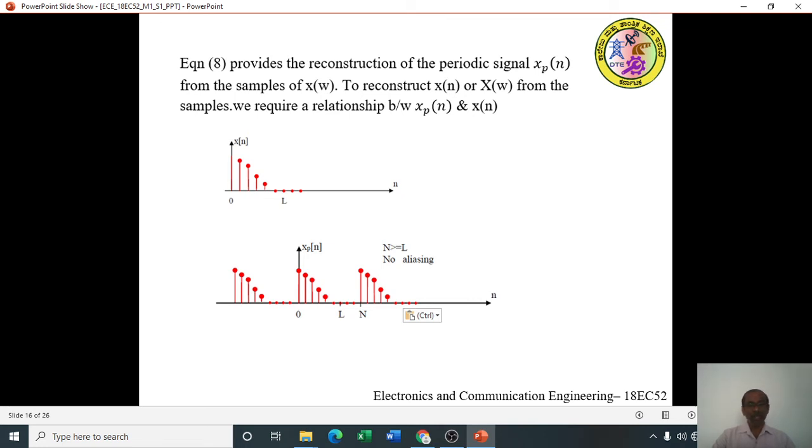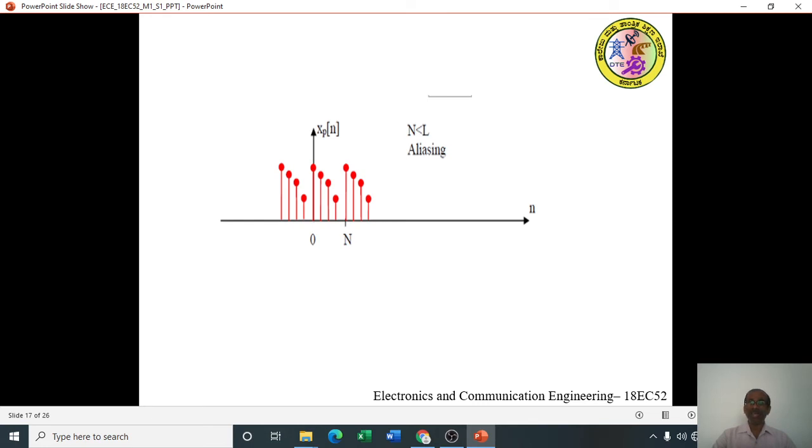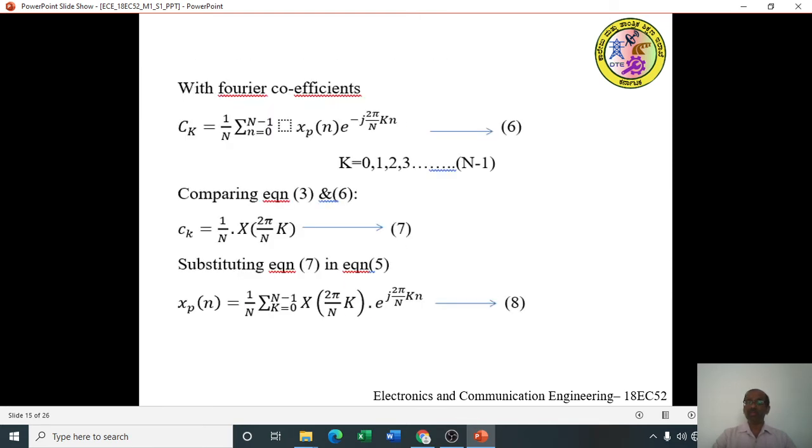When I am doing this sampling, I want to choose my n number of samples in such a way that it should be greater than L. If I choose n greater than or equal to L, I will not get any aliasing. So reconstruction is possible. Whereas if I choose n less than L, reconstruction is not possible. Aliasing occurs. So always you must choose the value of n in such a way that it should be greater than or equal to the number of samples given.